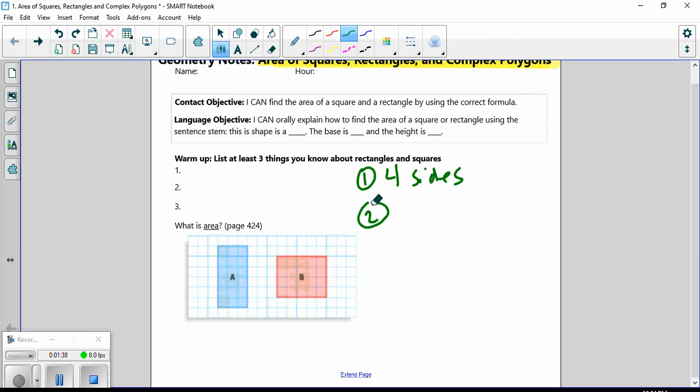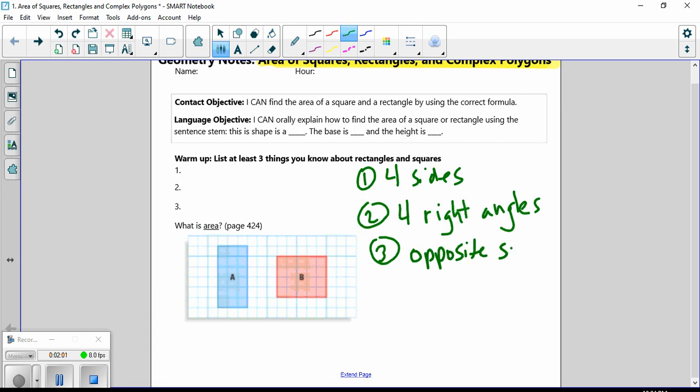Another important fact about rectangles and squares, they both have 4 right angles. And lastly, in rectangles and squares, opposite sides are parallel.